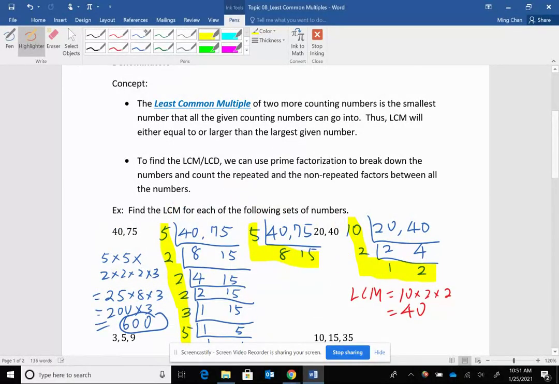So think about it. 5 times 15 is 75, right? So 8 times 75. 8 times 5 is 40, carry 4. 8 times 7 is 56, plus 4 is 60, so 600. So I'll get the same answer.